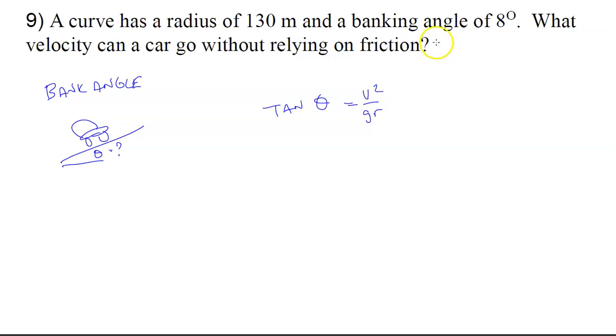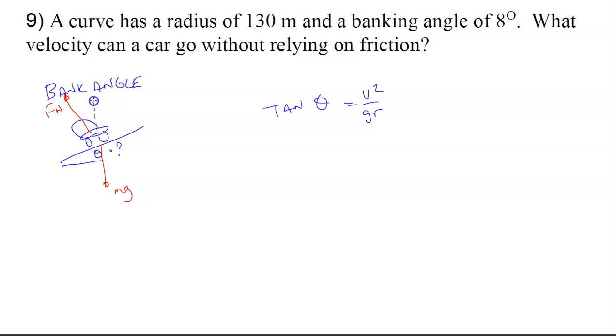I don't know if I did that on the video for you or not, but let's think real quick about this. Gravity is going to pull straight down. Like that. And the normal force pushes up perpendicular to the surface of the ramp.